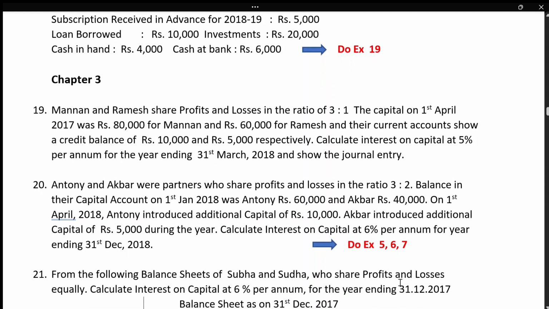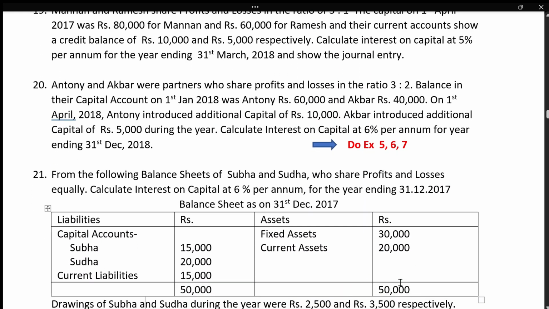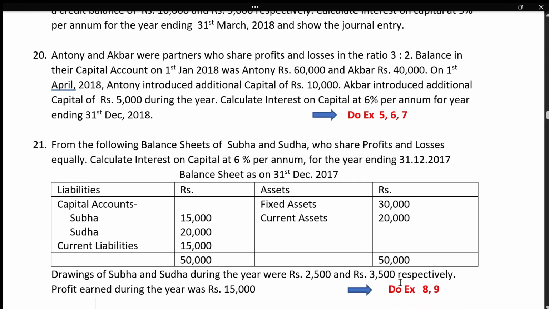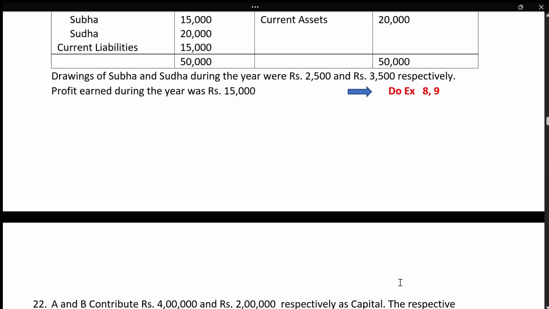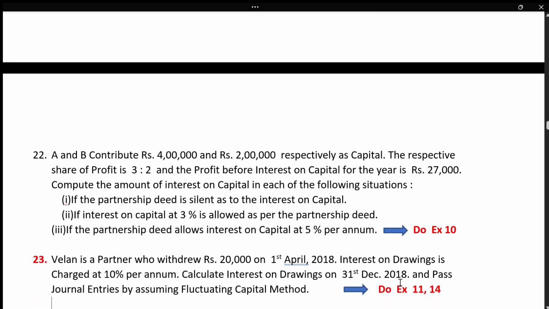The next is a sum on interest on capital on opening capital and additional capital. And here closing capital is given, so you have to calculate the opening capital first and then find the interest on capital. Next, here you have to compute interest on capital under 3 situations.